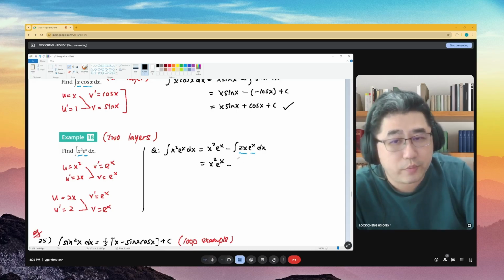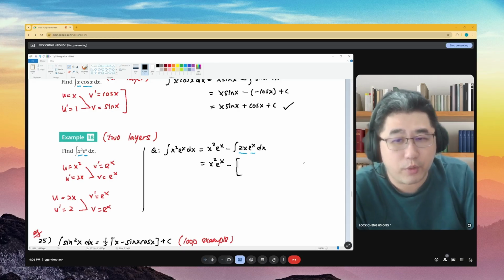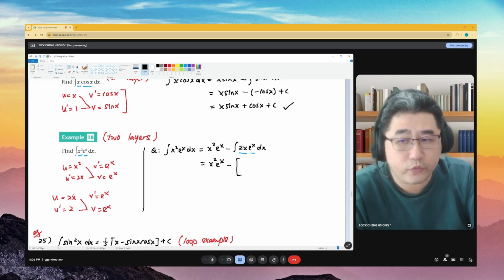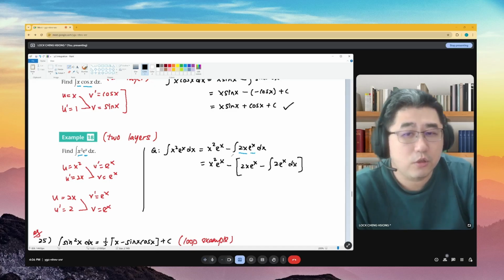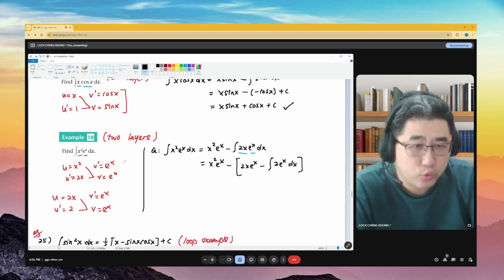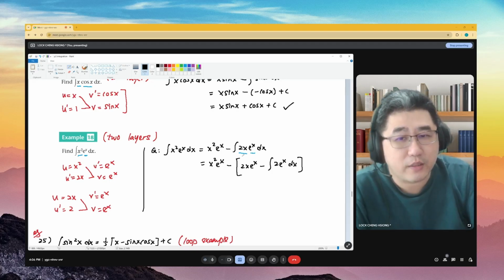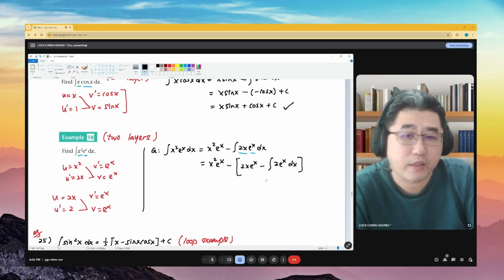Then from here, x squared e^x, this one is already done, minus. When you do this part, please make sure you use a bracket, so that you do not confuse the plus minus sign. So over here I have 2x e^x minus 2e^x dx. A lot of students can do the by parts, but end up giving a wrong answer because of messing up the plus minus sign, being careless.